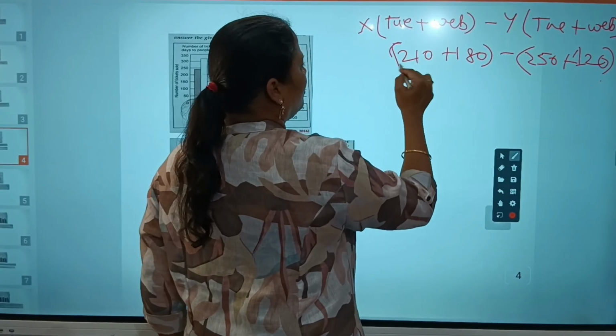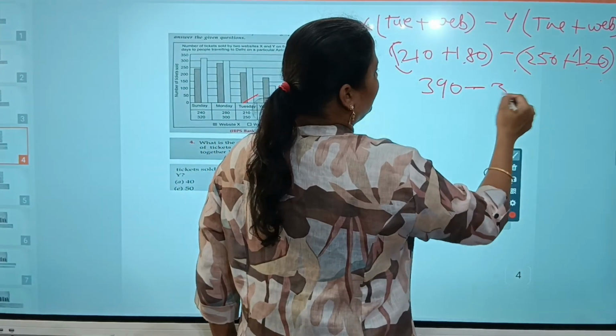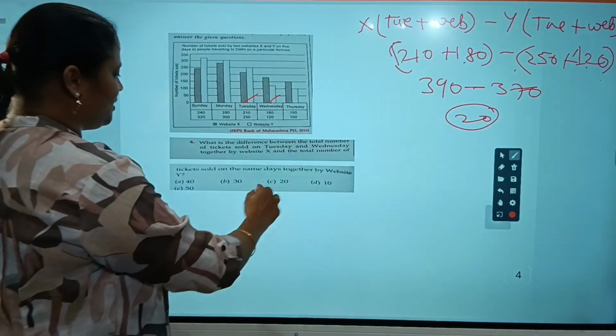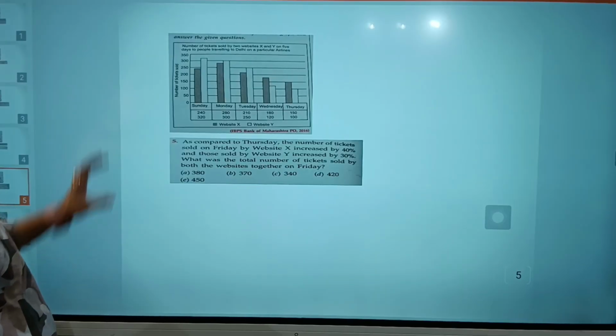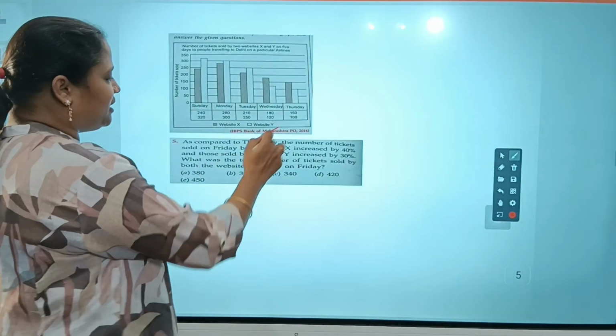So 390 minus 370. So the difference is 20. The answer is 20.